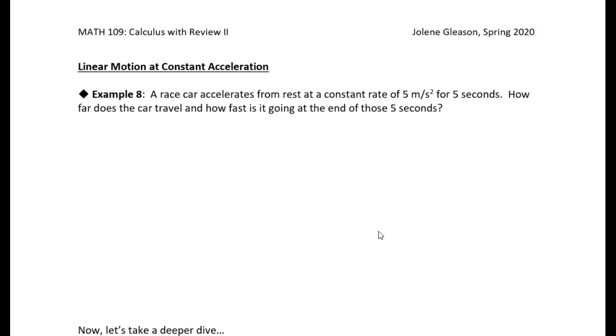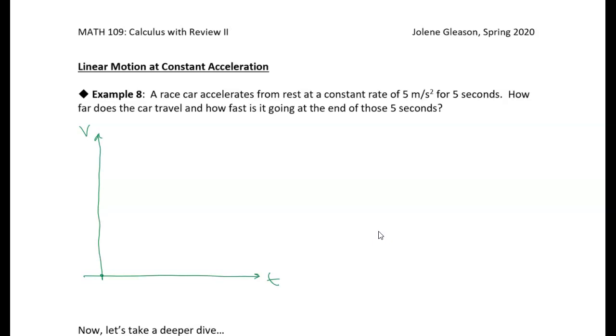All right, so here's the secret of figuring this out. If you take physics, you'll learn some formulas, but this is the secret behind these formulas. This is the math behind it. So now we have constant acceleration and we're accelerating from rest. So we're starting here at 0 and we are accelerating at a constant rate. So our velocity is increasing at a constant rate, and that rate is 5 meters per second.